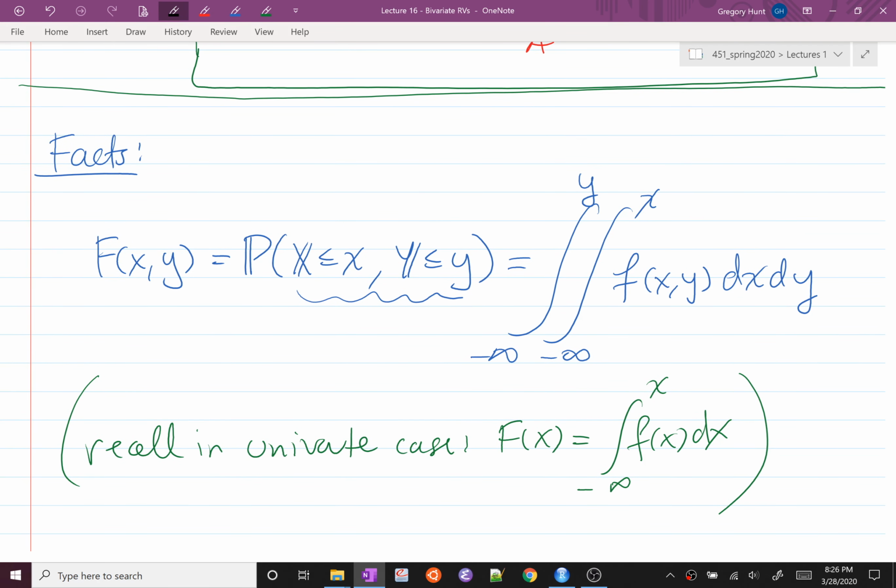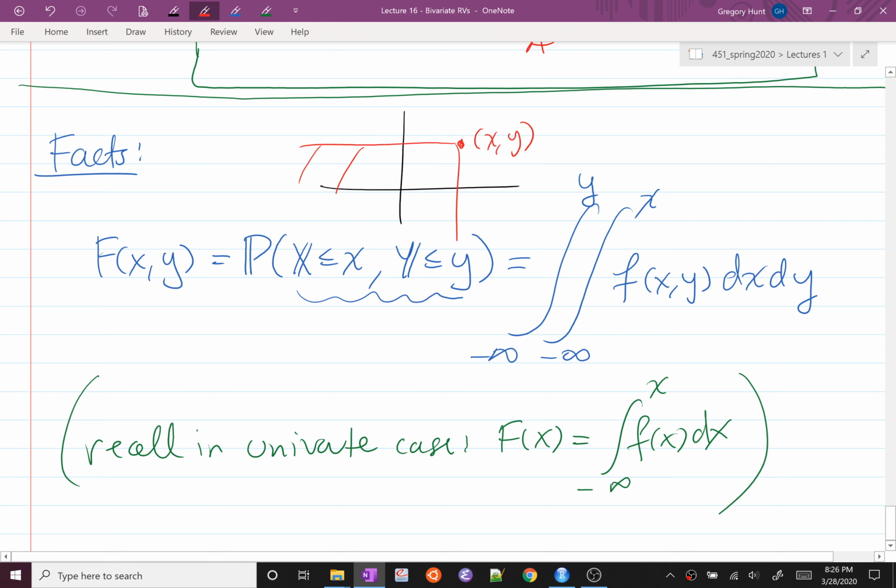And the picture here is, if I have some little x, little y, my joint CDF gives me the probability of being in this square here. And so what I do is I integrate, let's see if I can write this legibly, if I have my joint probability density function, joint PDF, if I want to get the probability in that area, I can just integrate this joint PDF over that area.